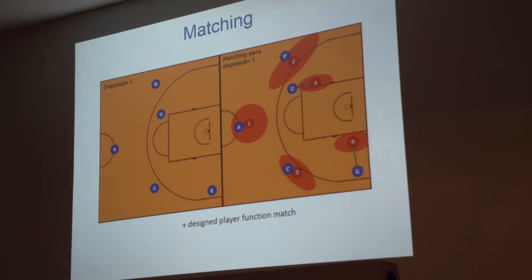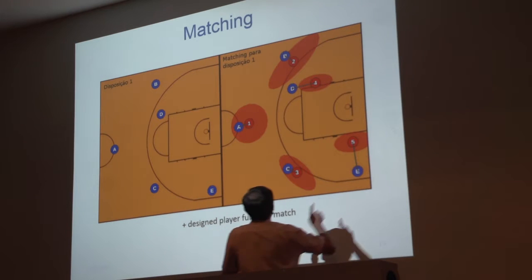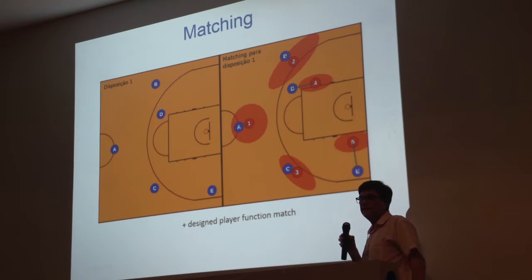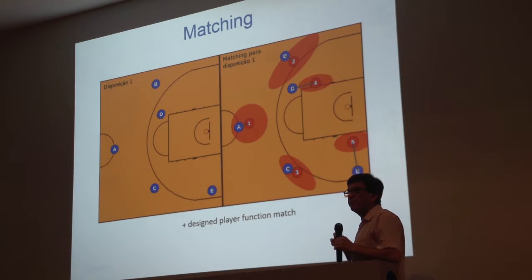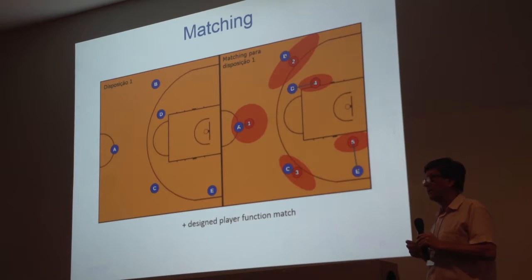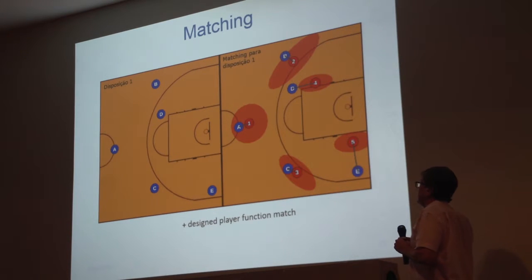For example, suppose that your players are in the positions A, B, C, D, E, okay? And you have several options of nodes in your strategy. What would be the one that you choose? The idea is to build a kind of matrix, a kind of measure, distance, to choose the best one.